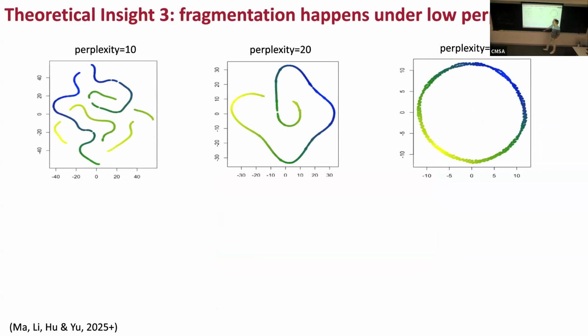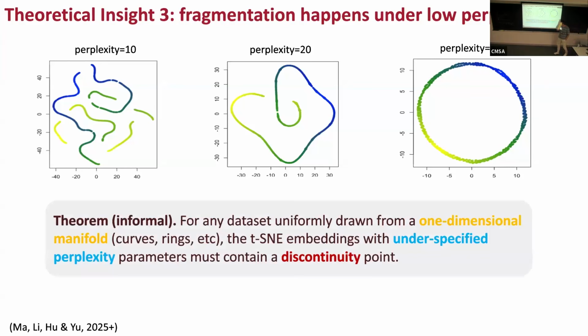So it seems the choice of perplexity determines how well you preserve the global structure. It's similar to constructing a nearest neighbor graph: if the graph is fully connected, then it's likely that you preserve the global geometry. In this case, we actually proved a simple result for t-SNE alone.